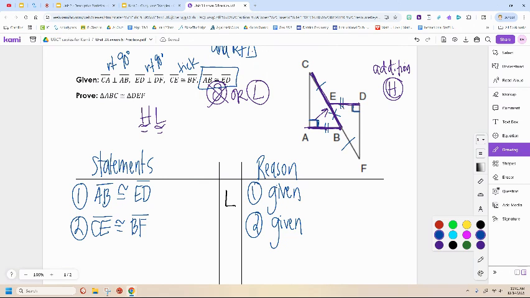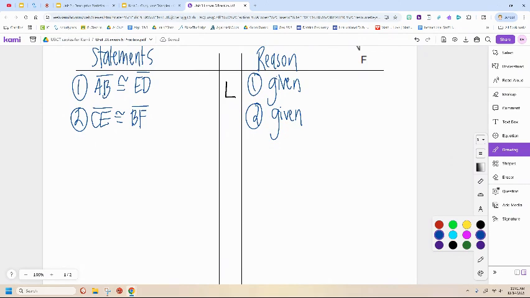So what do we need to do right now? The reflexive side, right? So let's do the reflexive side. BE is congruent to BE. What's the only word I need to write here to get my points? Reflexive, right? Reflexive.